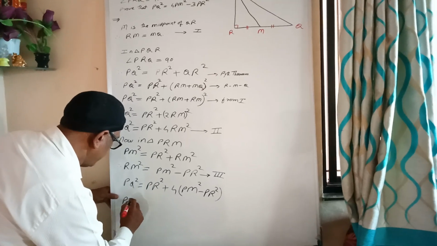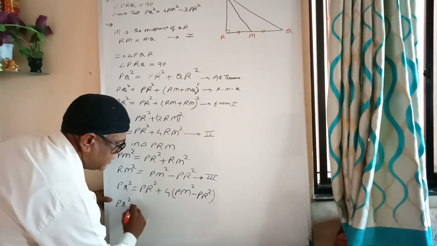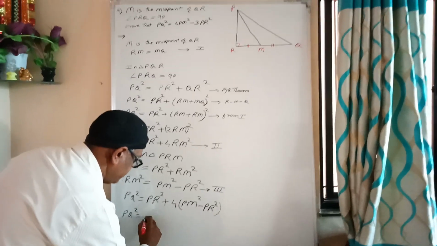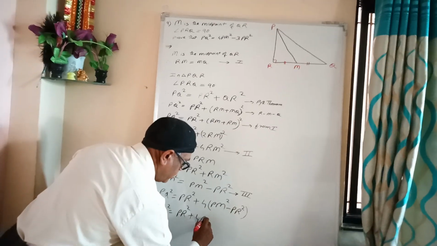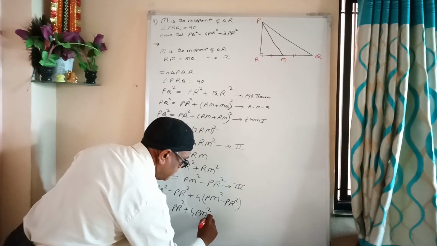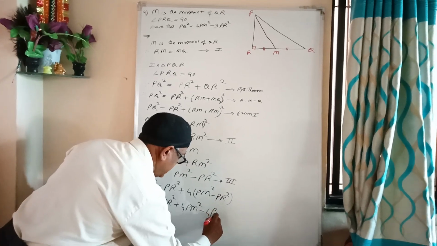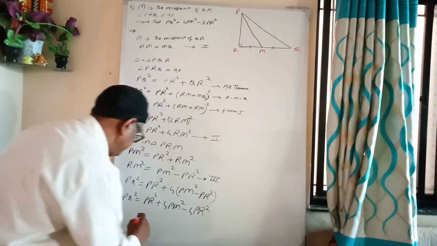Therefore, PQ square is equal to PR square plus 4 PM square minus 4 PR square.